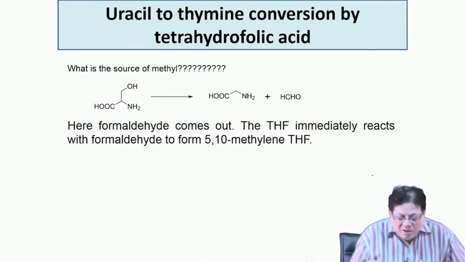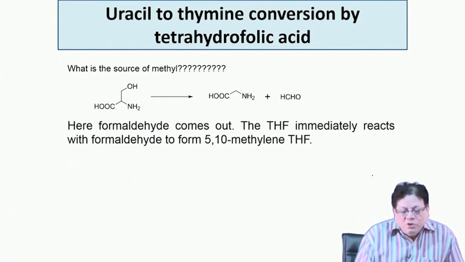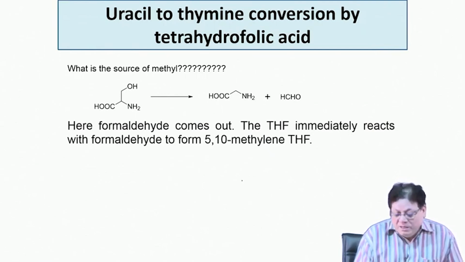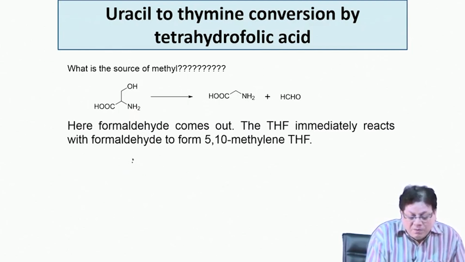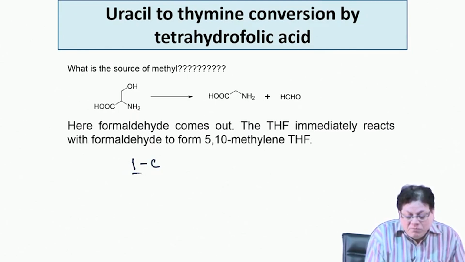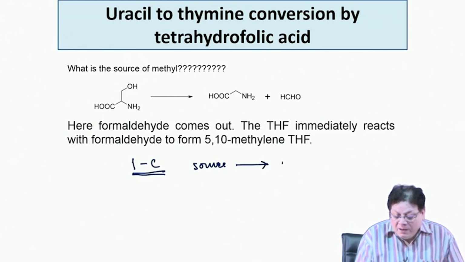Okay. Now, I told you in the last session that actually this tetrahydrofolate participates in the transfer of one carbon from some source to a product. So, it transfers one carbon.